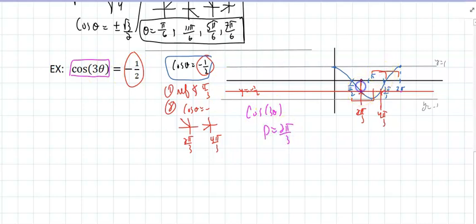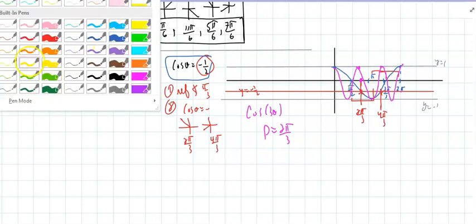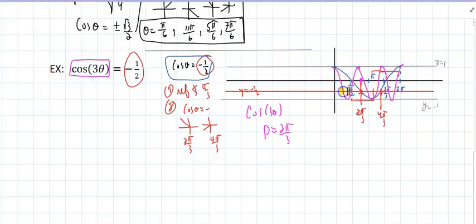So by the time I reach 2 pi over 3, I have completed one full cycle. And by the time I reach 4 pi over 3, I completed another full cycle. And by the time I reach 2 pi, I fulfilled 3 cycles. Look at that. Do you see that I have 1, 2, 3, 4, 5, 6 solutions? Well, it should make sense. If I compressed the period by a factor of 3, that should take those 2 solutions and multiply them by 3, and I'm going to get 6 values.